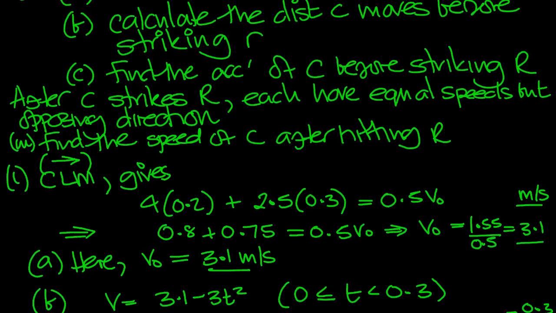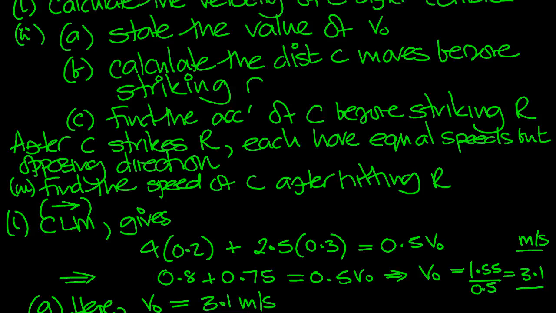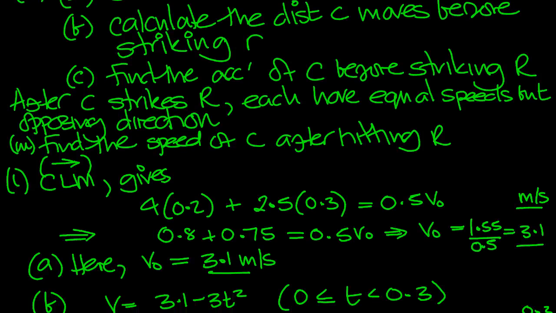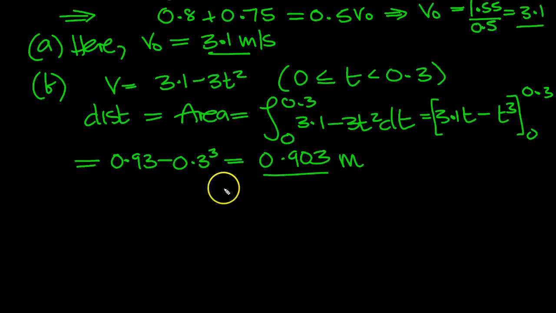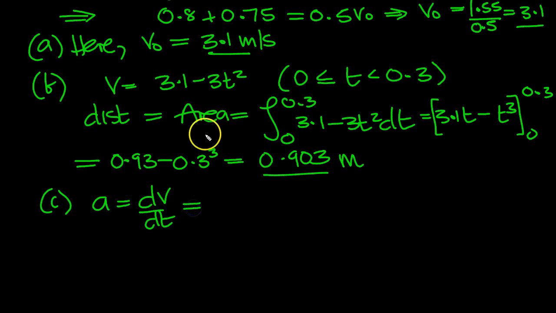So that's part B then. Calculate the distance C moves before striking R. Next, find the acceleration of C before striking R. Well, let's just differentiate now. Acceleration is equal to dv/dt, the rate of change of velocity with respect to time.